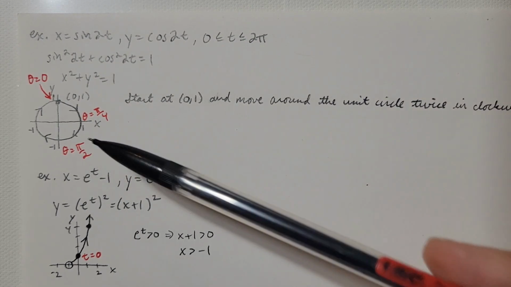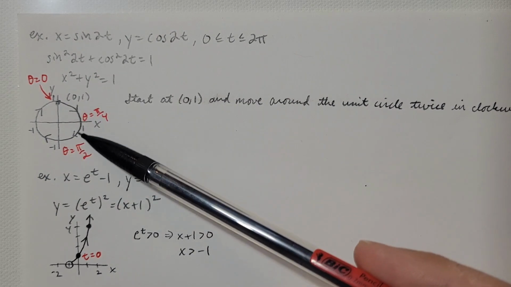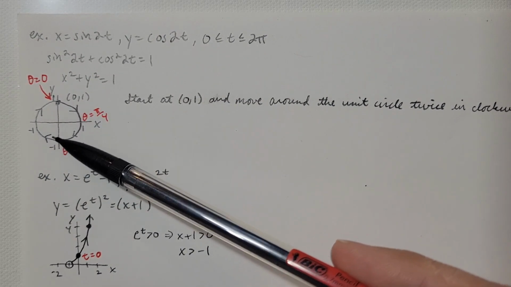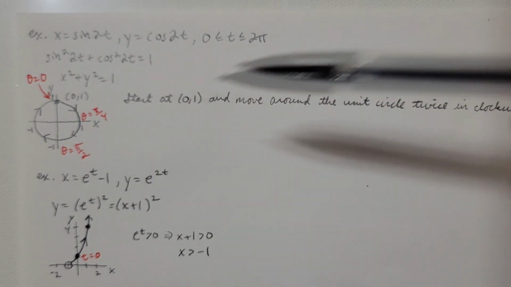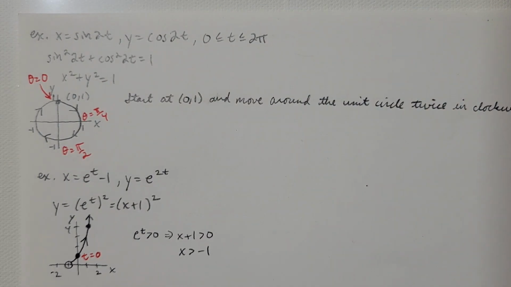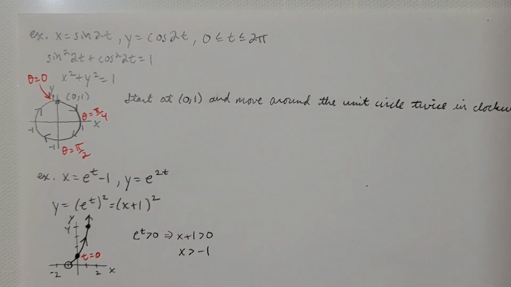Now, I don't know how I get from 0, 1 to 0, negative 1, like if I went clockwise or counterclockwise. So I'd want to choose another angle between 0 and pi over 2. Like what if I let theta be pi over 4?